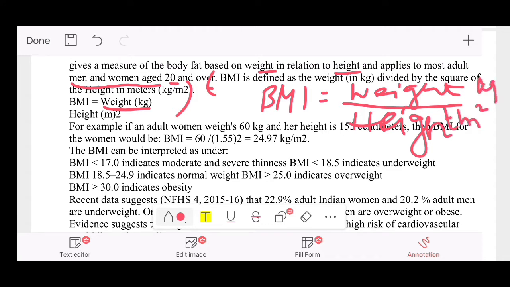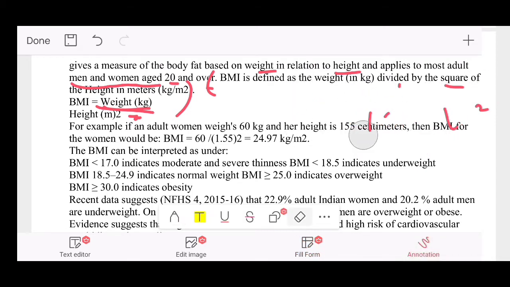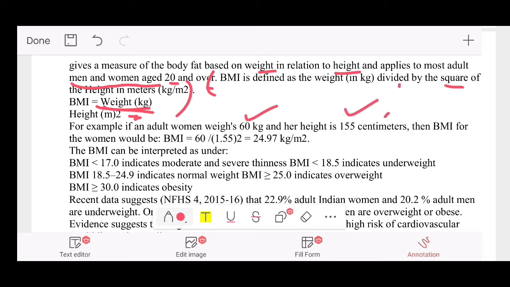Weight should be in kg and the height should be in meters squared. Okay, for example, if an adult woman weighs 60 kg and her height is 155 centimeter, then BMI for the woman would be 60 divided by 1.55 whole square.